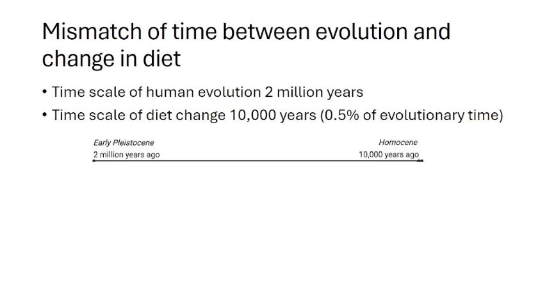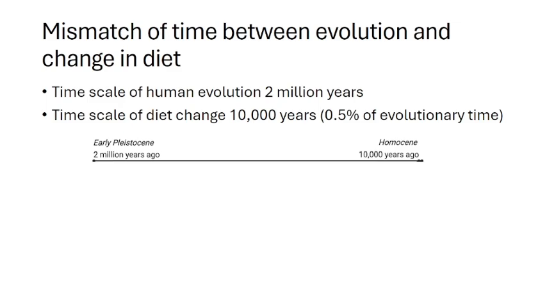So how does this relate to stone disease? I think there's a mismatch of the time scale between human evolution and the change in diet. We evolved over several millions of years, but this change in the diet that occurred 10,000 years ago was very drastic and represents only 0.5% of evolutionary time.